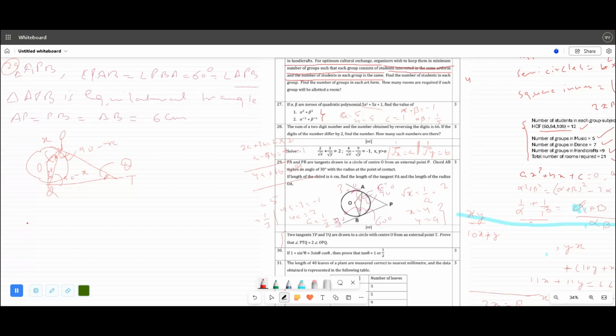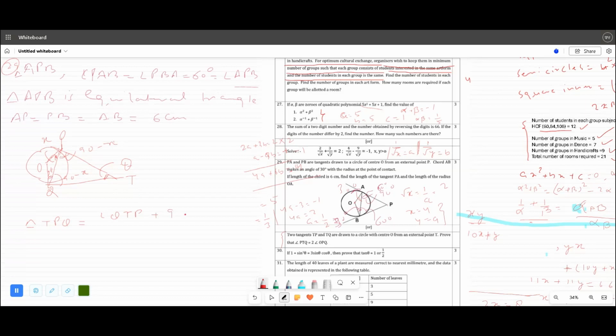So in triangle TPQ, what are the three angles? Angle QTP, plus the other angles, angle QPT and PQT. These are the three angles.